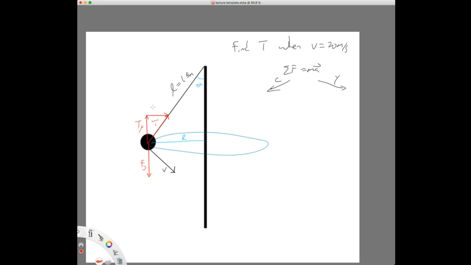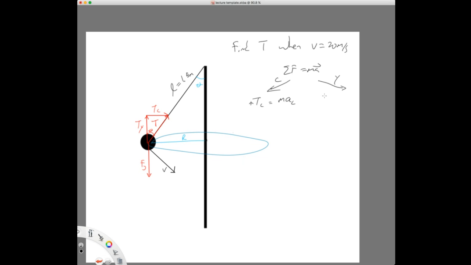So we have a Ty and a Tc, and then T is just there. And the angle at the top here is the same angle in the triangle for the tension. So we're going to have Tc equals M times Ac, and the tension centripetal component gets a plus sign because it does point toward the center of the circle.